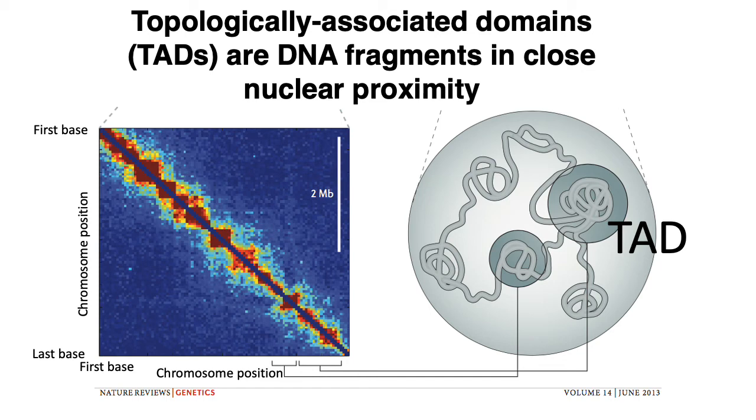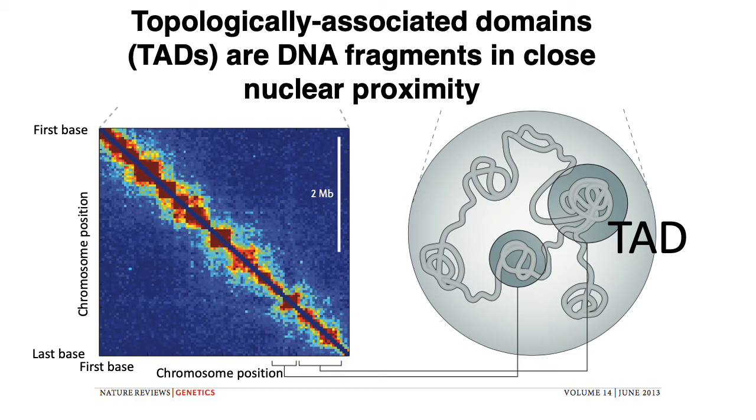Whereas if you see dark red, that tells you that you saw a lot of chimeric reads corresponding to those two fragments, the row and the column. When you look at this diagram, the first thing you should see is a really dark, blackish line along the diagonal of this heat map.